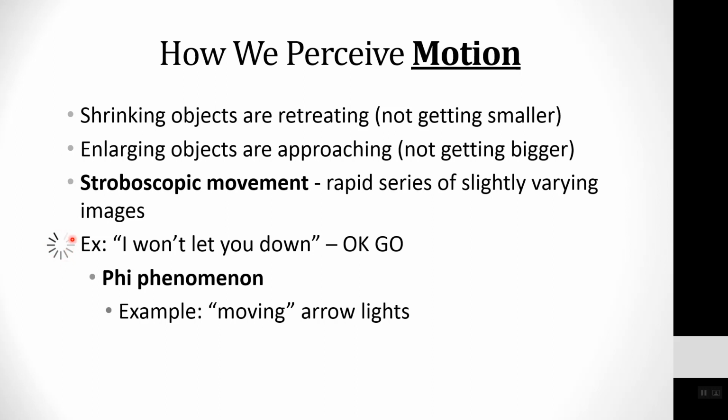It looks like there's some kind of movement going on in this little wheel of lights, and all that's going on is these lights are just blinking right next to each other. They go on, off, on, off, and it gives the illusion that there's some sort of cranking going on. You can also think of traffic arrows that blink and show some kind of direction of movement.